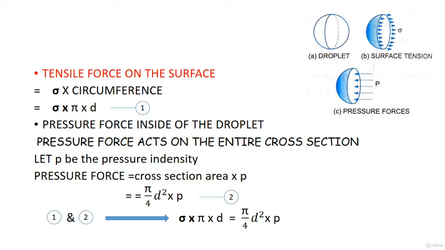Let P be the pressure intensity, then the pressure force is equal to cross-sectional area into P. The area of the droplet, we know, is pi by 4 d square. So the pressure force becomes pi by 4 d square into P. Equating the total tensile force and the pressure force, we get sigma into pi into d is equal to pi by 4 d square into P.